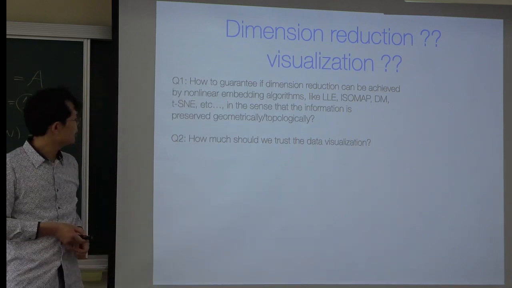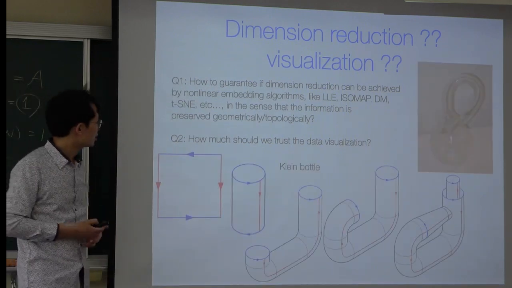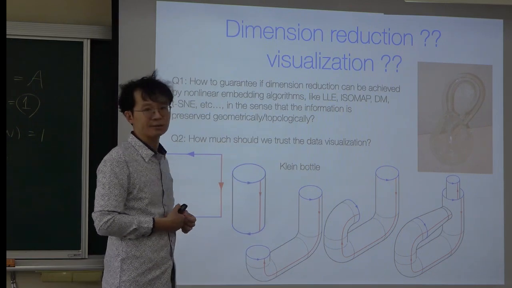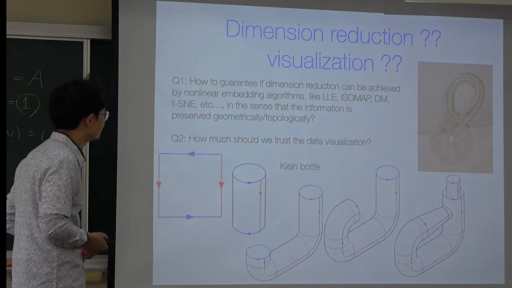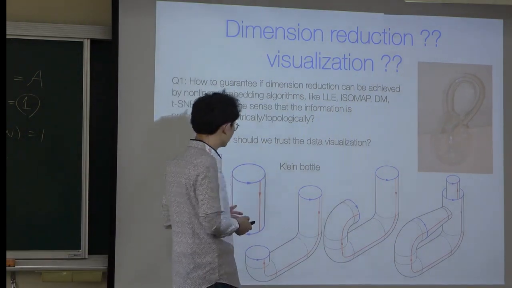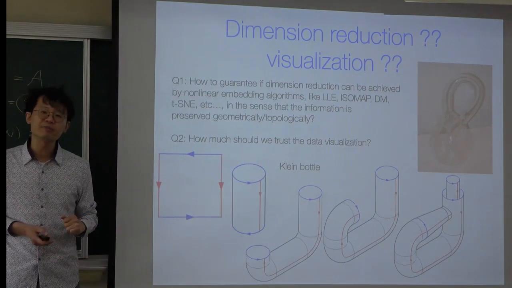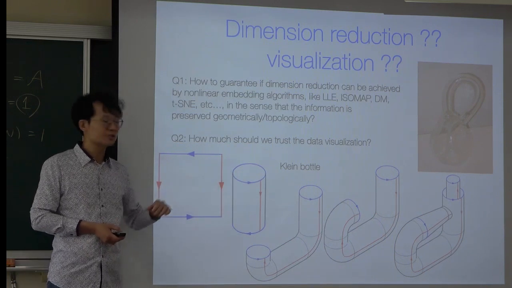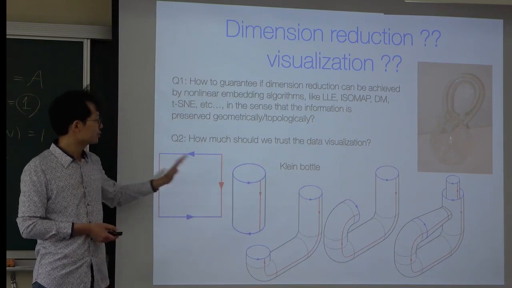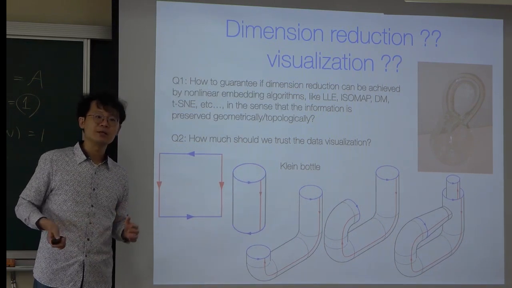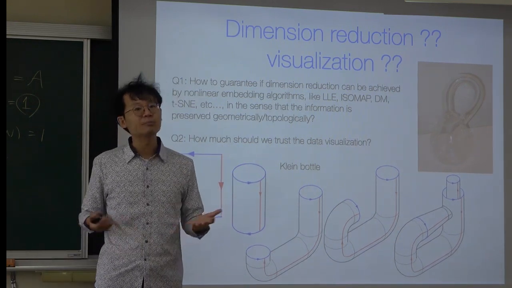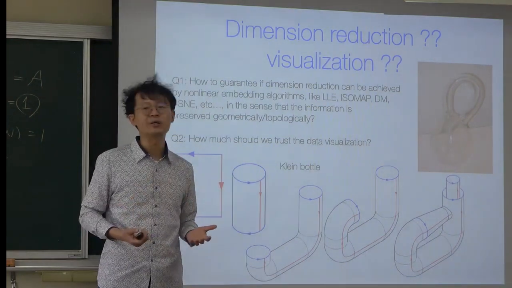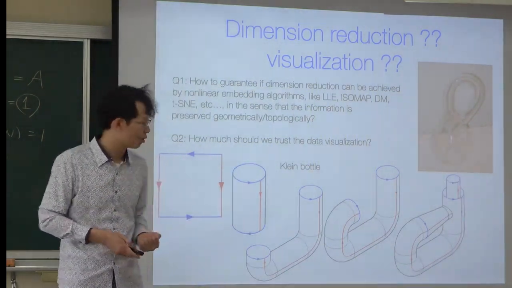Is it really true? Let's think about the Klein bottle. You know the Klein bottle is a very specific topological geometry. It is a two-dimensional surface, but it is not orientable, and it cannot be embedded in three-dimensional space. It can only be embedded in a Euclidean space with dimension higher than 3.